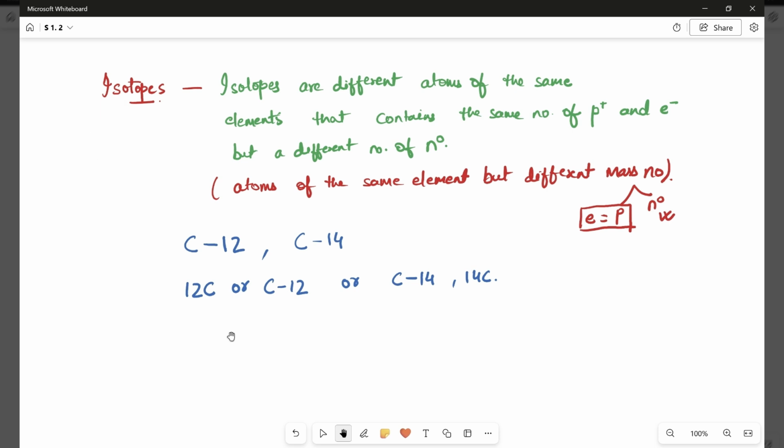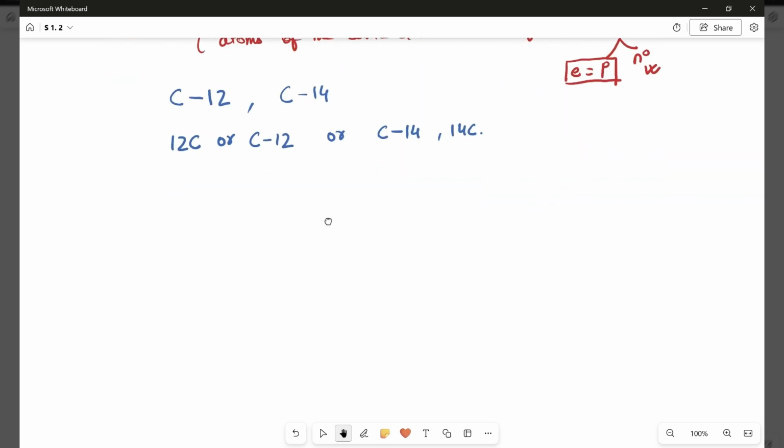So let's discuss some other examples. We know carbon, so let's discuss hydrogen. Isotopes of hydrogen, right? Hydrogen has three isotopes.